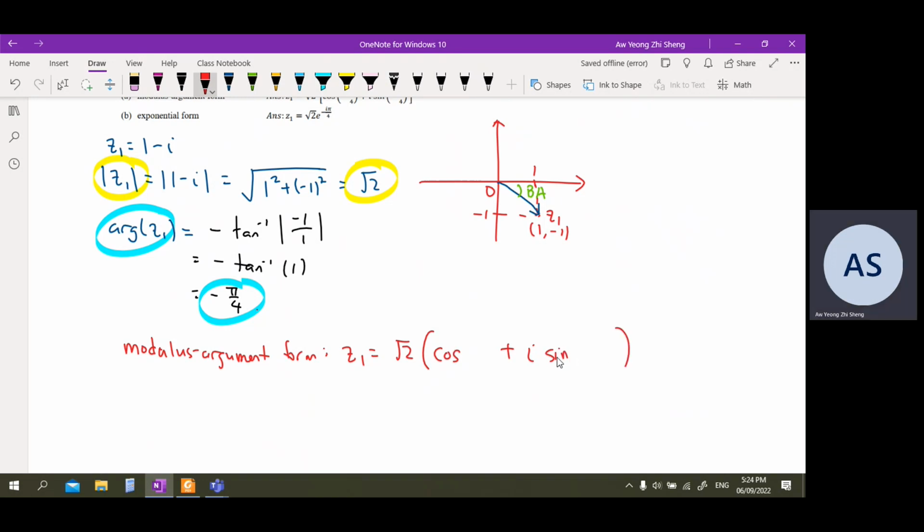When your theta is a negative angle, it is important to put brackets, or else it might lead to confusion in meaning. If you don't put brackets around your -π/4, it may be misunderstood as if you are taking cos, then you minus π/4, which would make no sense, right?